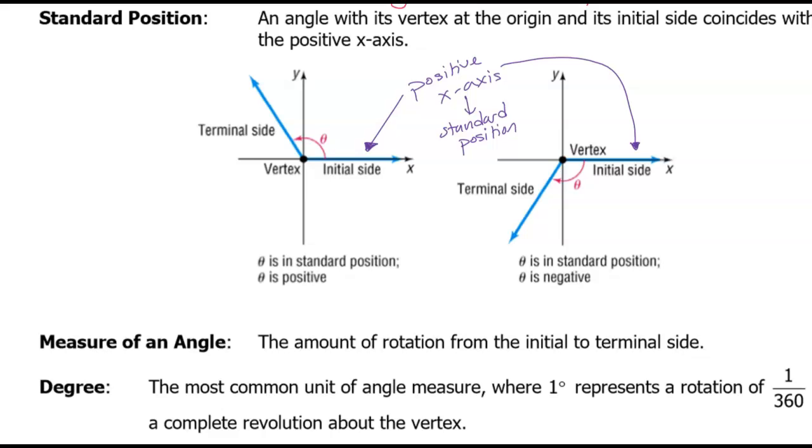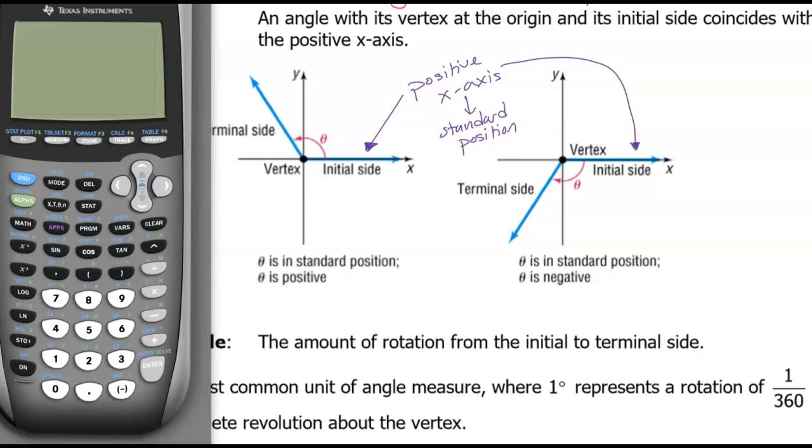This unit, we're using degrees, and most importantly, when dealing with degrees, make sure that your calculator is in degree mode. The newer calculators will tell you at the top what mode it's in. It'll either say radian or degree.